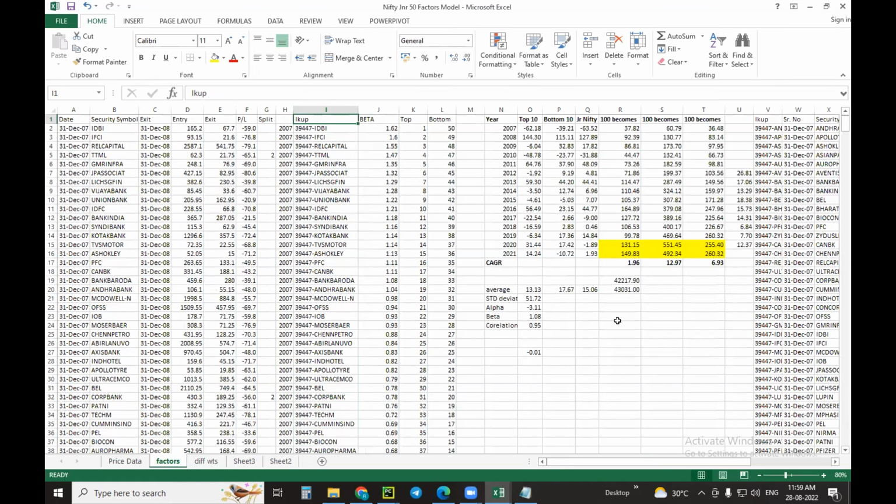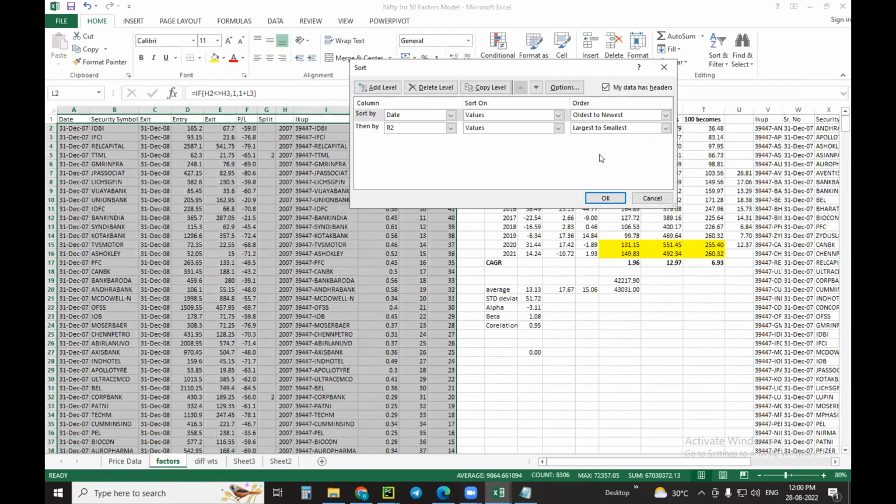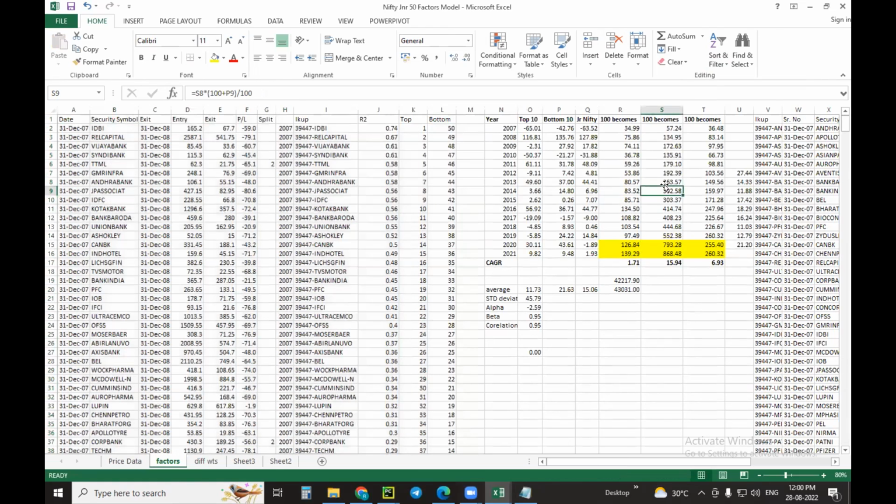Okay, now do that for R2. R2 will be 10. Look at that massive outperformance.